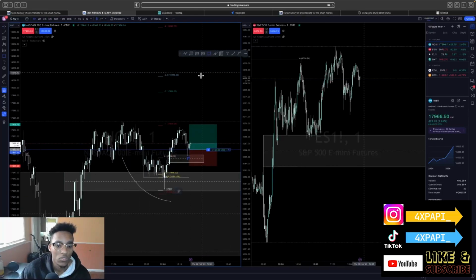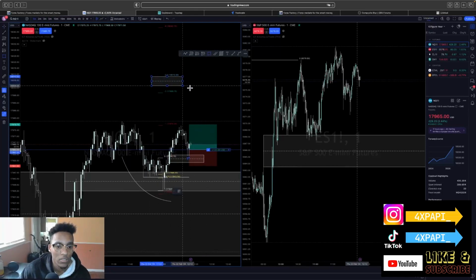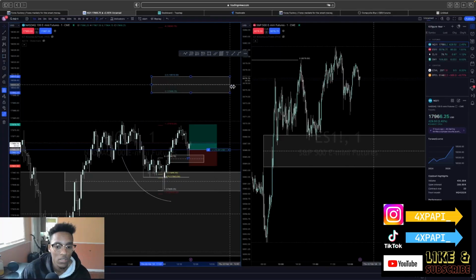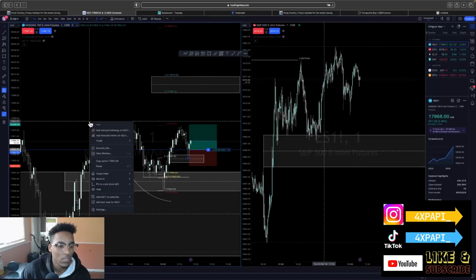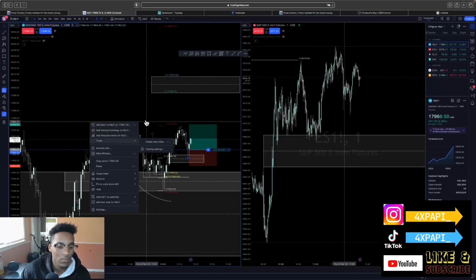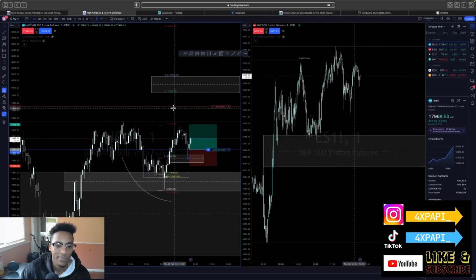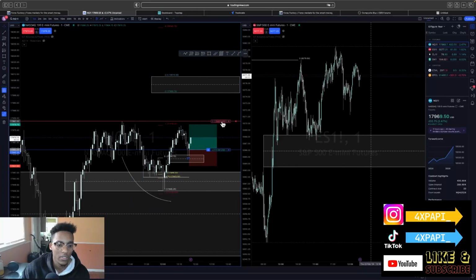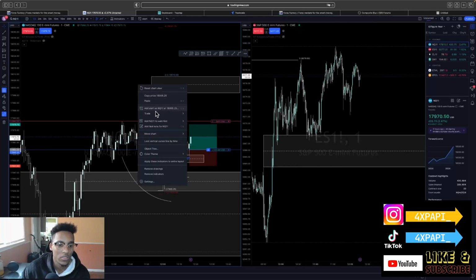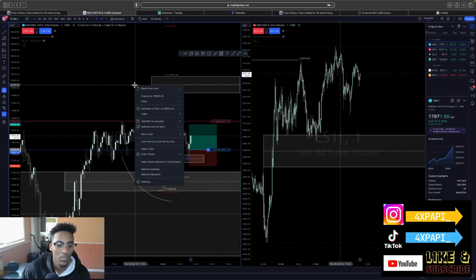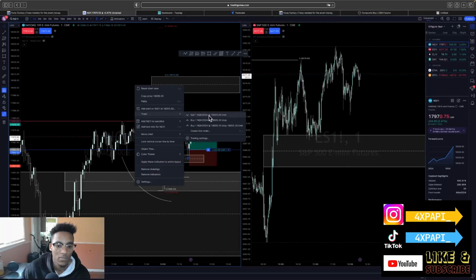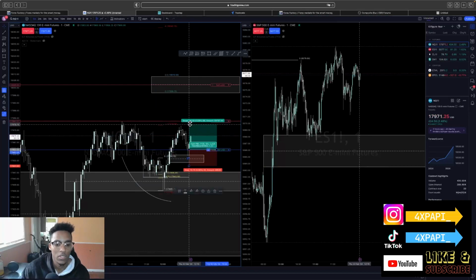We are going to draw out this box here, and we are going to set limits. One sell limit here at the high, and then one sell limit at consequent encroachment of this. Whoops, that is the wrong one. One limit here. So that would be our runner.